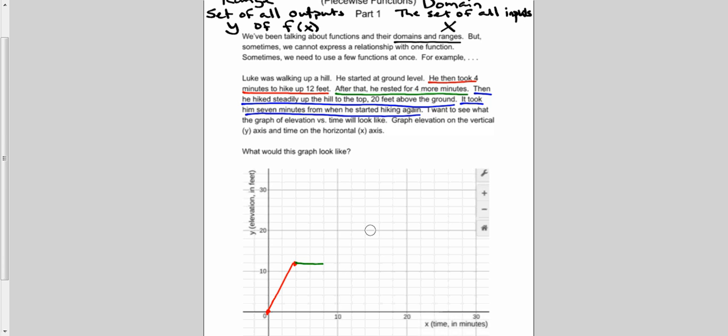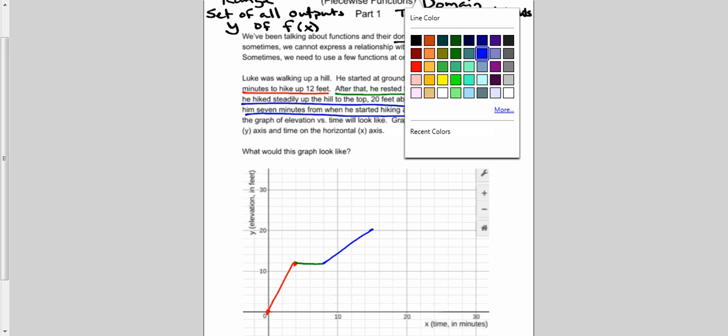And then up to 20, right there is where I'm going to put a blue dot. Then I draw the line from there to there.